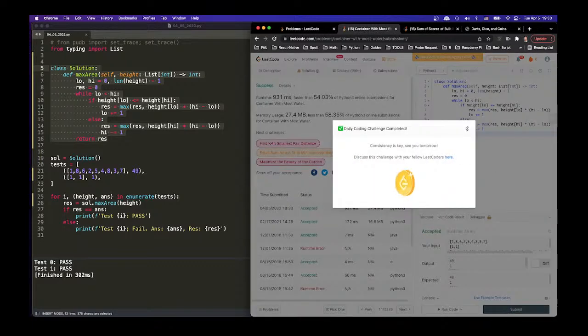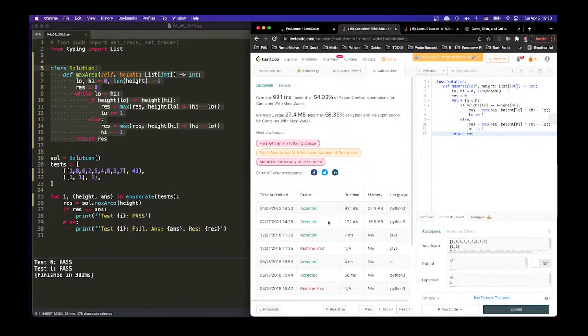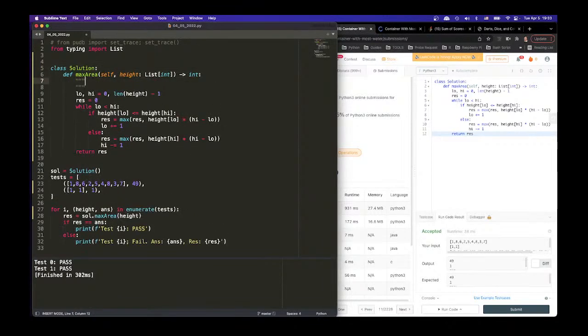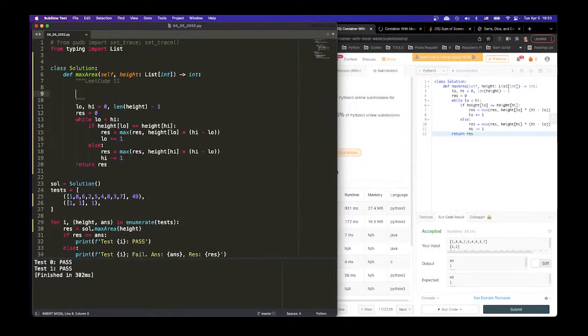Oh, they probably changed. 900. All right, so that was a year ago. So this is LeetCode 11. I still remember how this problem is solved. Two pointers from both ends, right?